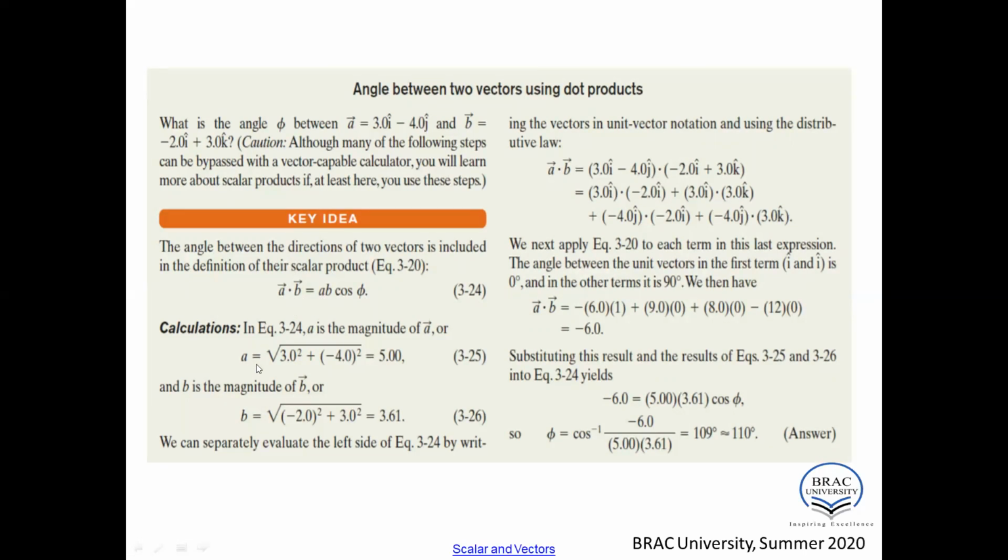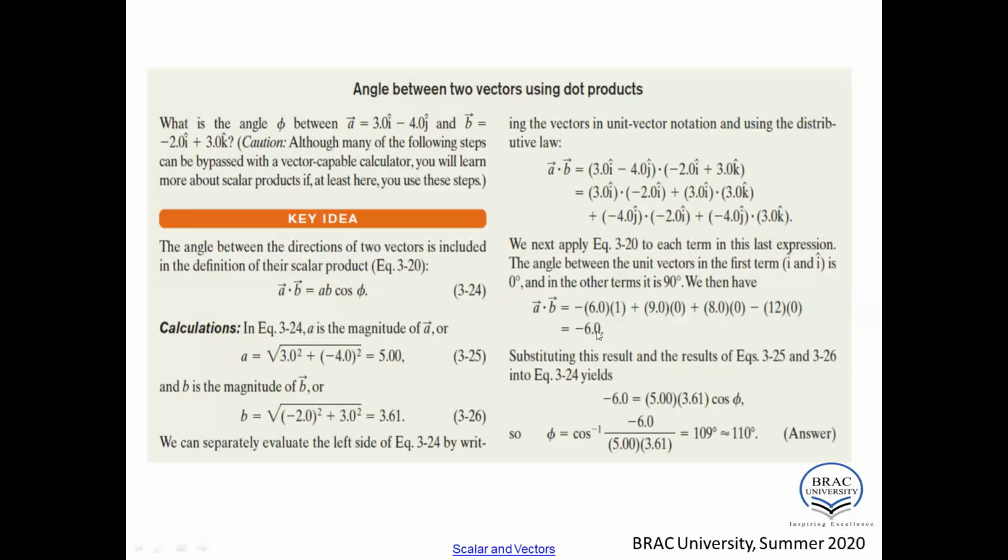The magnitude of vector A equals root over x component squared plus y component squared, which is 5, and the magnitude of vector B equals root over x component squared plus z component squared, which is 3.61. For the dot product, 3 times minus 2 is minus 6, and then minus 4 into 0 is 0, and in case of k, 0 into 3 is 0.